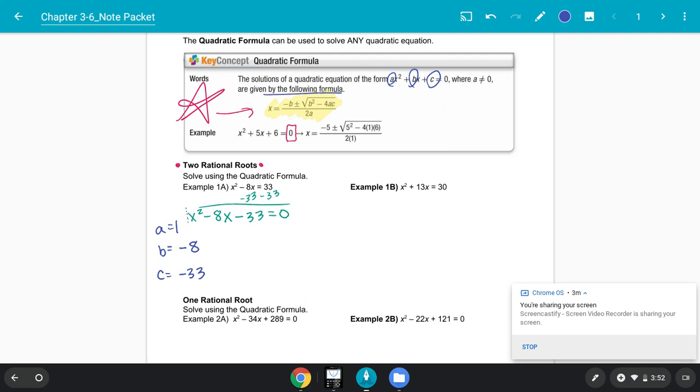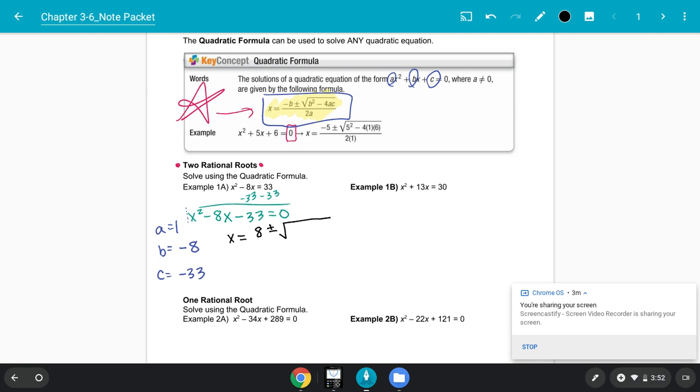So I'm going to look at this highlighted formula. What we do is we say x is going to be equal to negative b, or another way to think of that is opposite b. So instead of a negative 8, it's going to be a positive 8. Plus or minus, which means there's two options there, plus and minus.